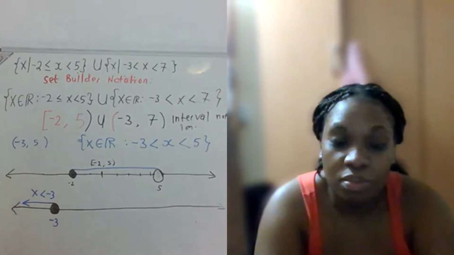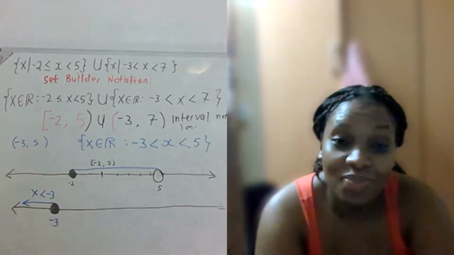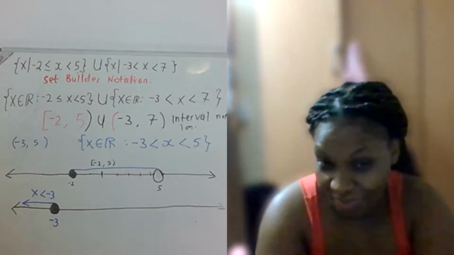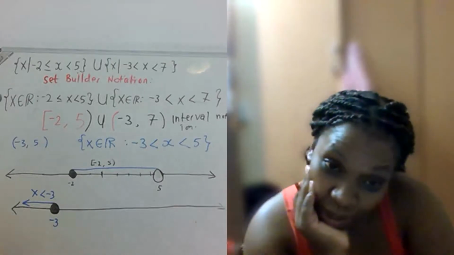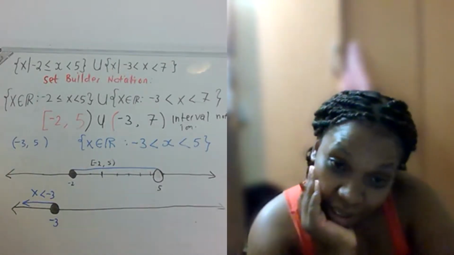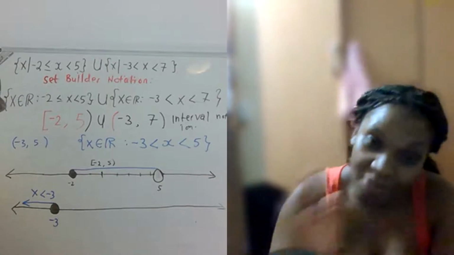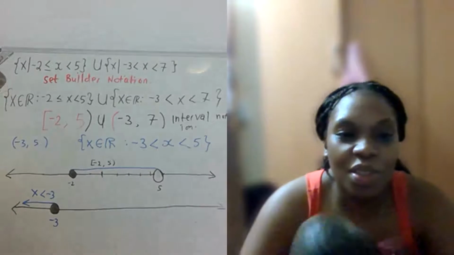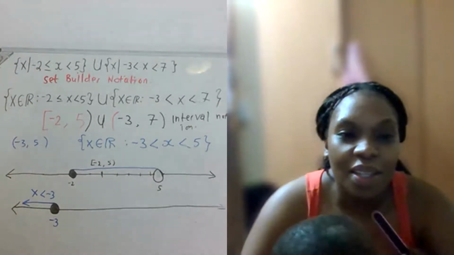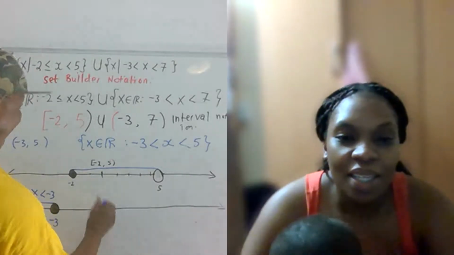Now, let's start with the union. I'm going to start, let me help you. I can write it two ways.